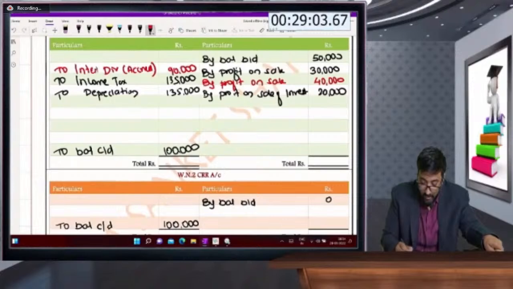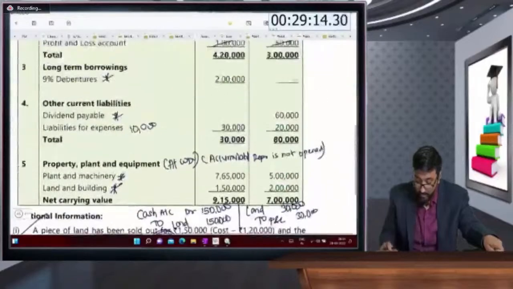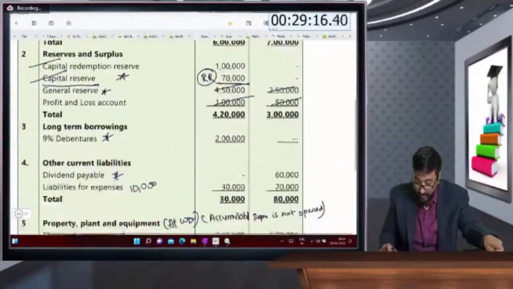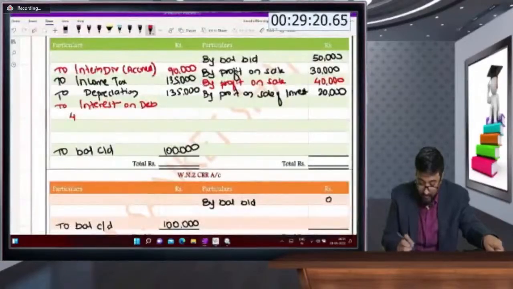One hidden adjustment: interest on debentures. What is the amount of debentures? ICAI ने दिया है क्या नहीं दिया मुझे पता नहीं, पर we have to consider 2 lakhs. 9% into 2 lakhs is 18,000.